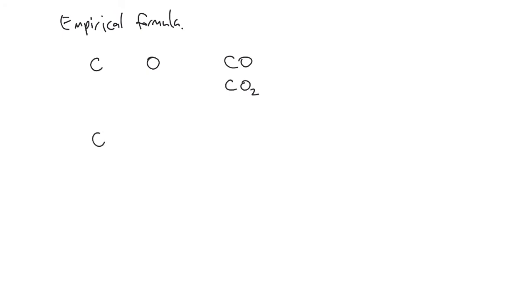Just like there's a number of ways that you can combine carbon and hydrogen. Even in the same thing, you can have CH4, or you can have C2H6, or you can have C2H4. There's multiple ways that you can combine various elements together to make different molecules.